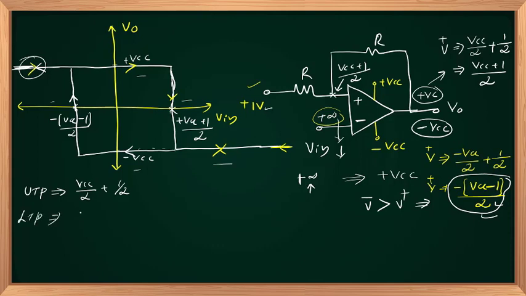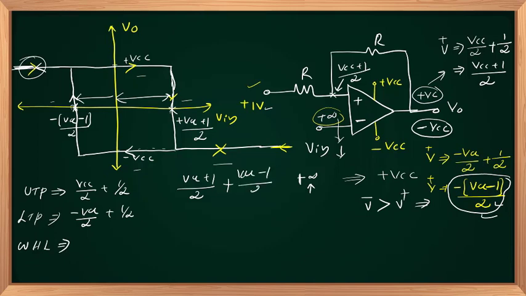LTP is equal to minus VCC by 2 plus 1 by 2, the lowest value of Vin at which there exists a change. And width of hysteresis loop is nothing but this distance, VCC plus 1 upon 2, plus this distance, VCC minus 1 by 2. So negative and positive will get cancelled. VCC by 2 plus VCC by 2 will give you VCC itself.